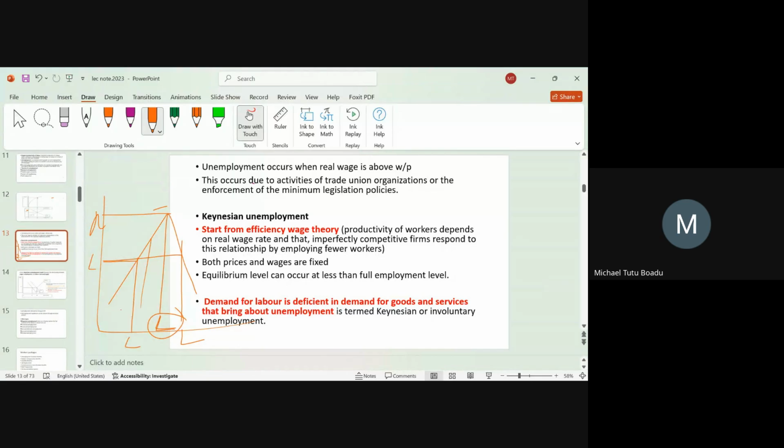So you have to keep on employing more until you get to this peak. Any additional employment will lead to a fall in your revenue. That's what you call the marginal productivity theory of labor.